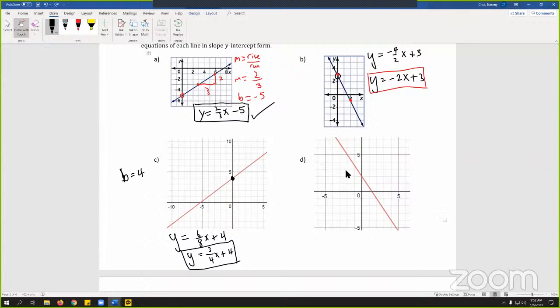And the last one for question D, Kuzli. You're not escaping from me, friend. Kuzli, what is question D? What is the equation for question D?